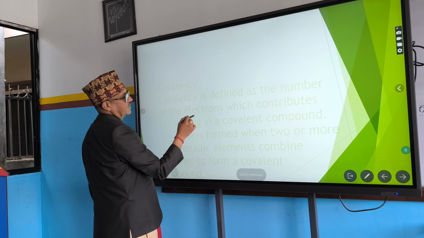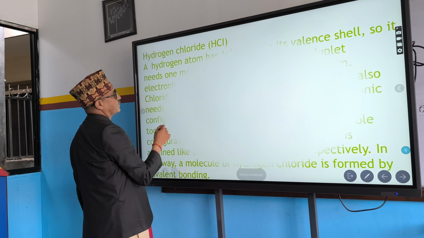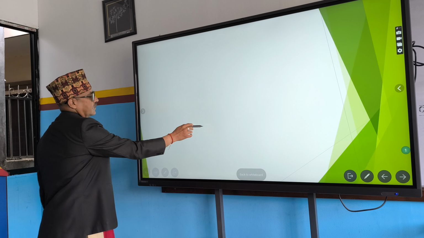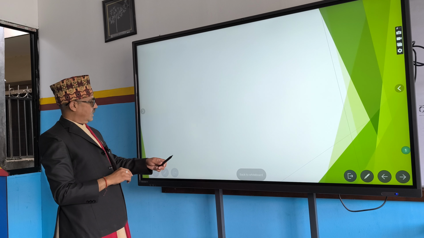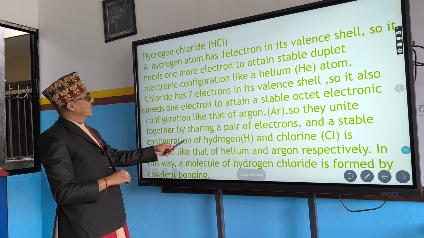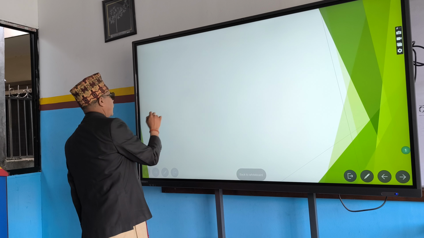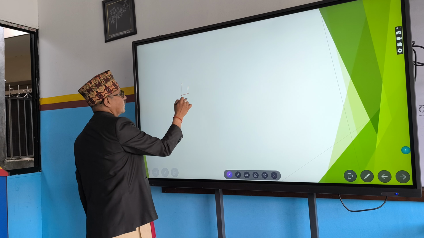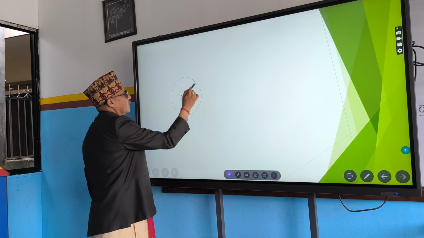Here are some examples of covalent compounds. Hydrogen chloride. Let me show you the diagram. Hydrogen and chlorine.